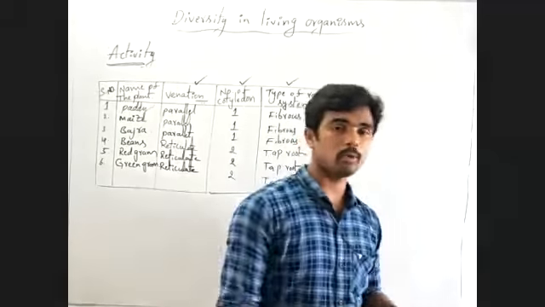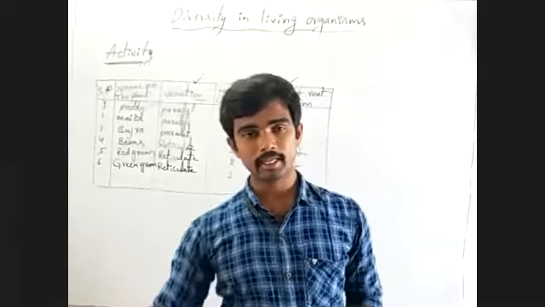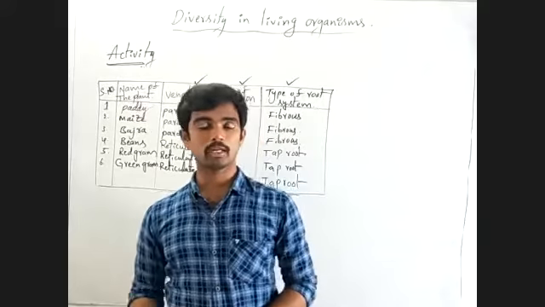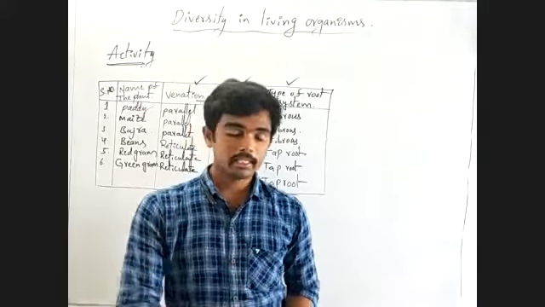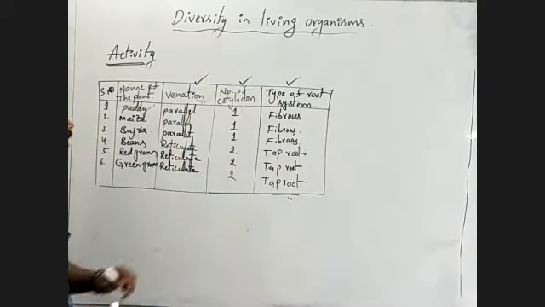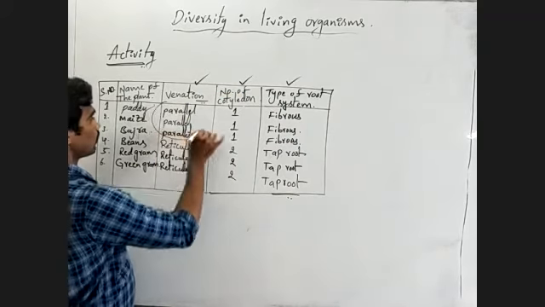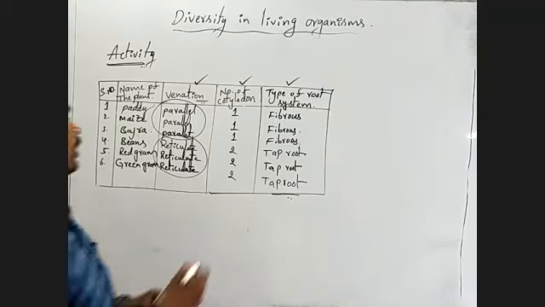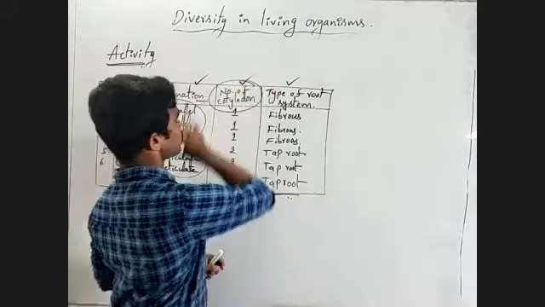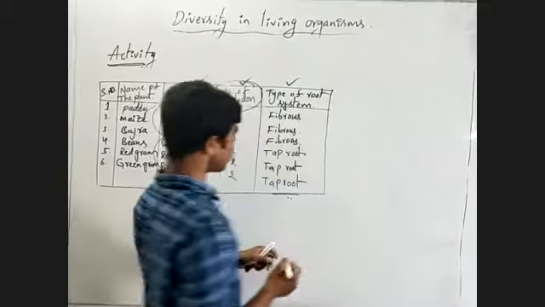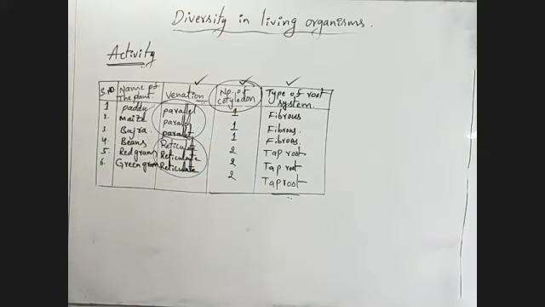Here we can separate the monocot seeds from the dicot seeds, and the dicot seeds from the monocot ones. We can identify monocot and dicot seeds based on these characteristic features. Already I told you what parallel venation and reticulate venation are. Already we discussed the number of cotyledons. Next, root systems are also of different types.